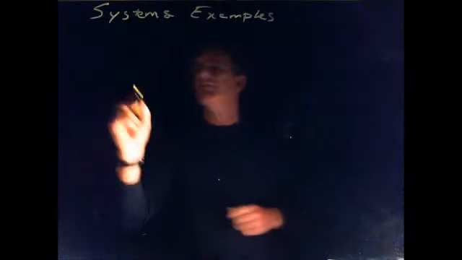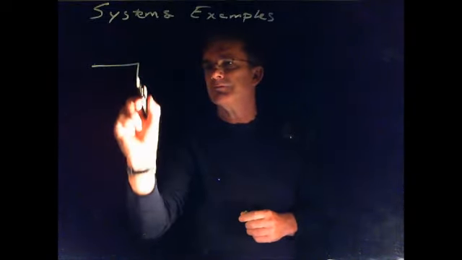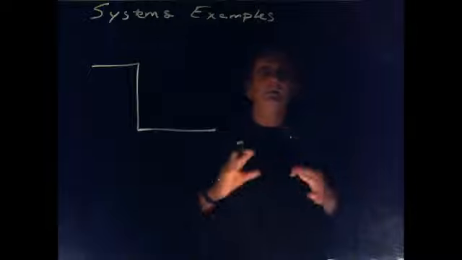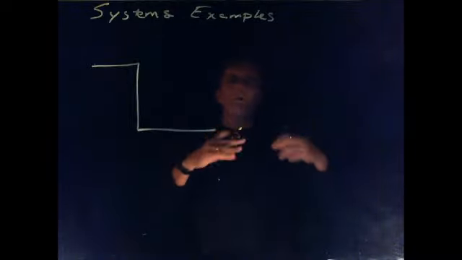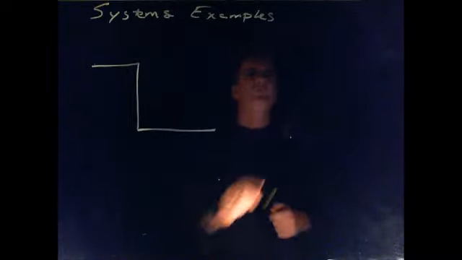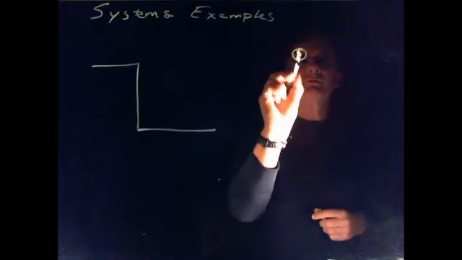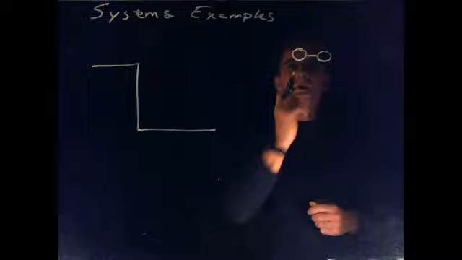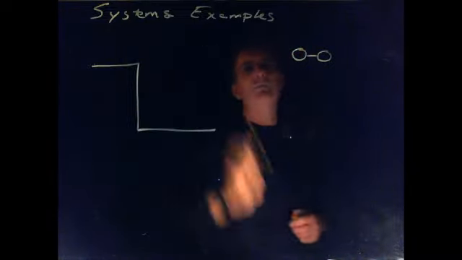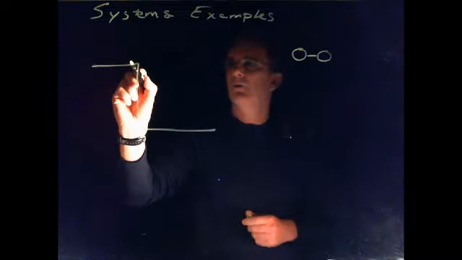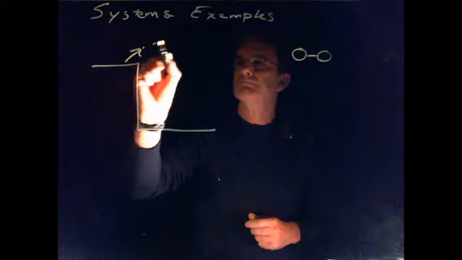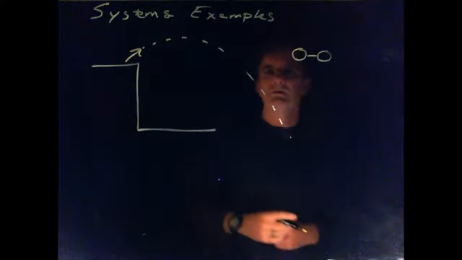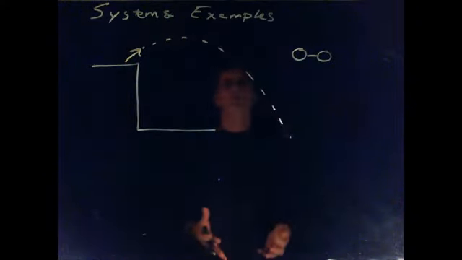Let's say we're on top of a cliff. And we have a ball. No, we don't have a ball. We have two balls. And so we have a picture of a ball tied to another ball. And what we're going to do is throw this ball off the cliff. And it's going to look something like that. It's going to be a projectile.